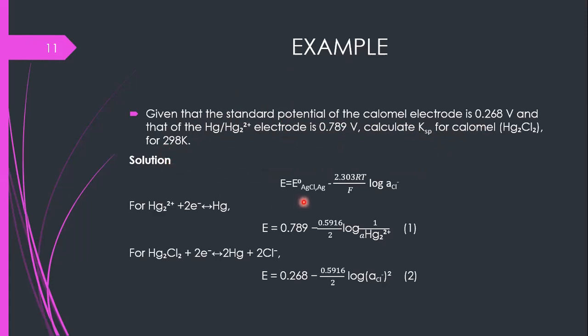We will use the Nernst equation. For the equation in which the mercury ion gains electrons to form mercury, this equation is used to calculate the electrode potential, and the equation in which Hg2Cl2 gains electrons to form 2 moles of mercury and 2 chloride ions, this equation is used to calculate the electrode potential.